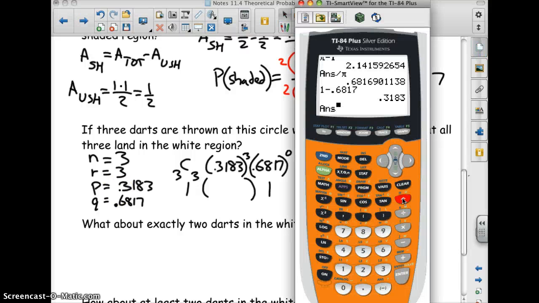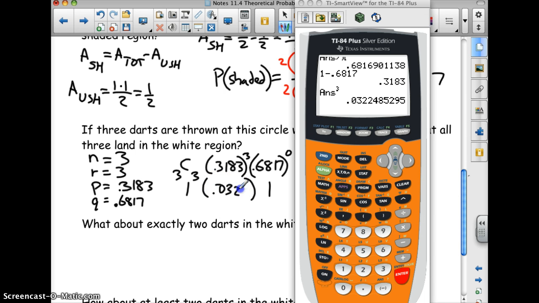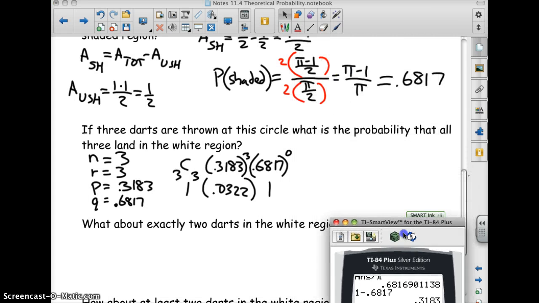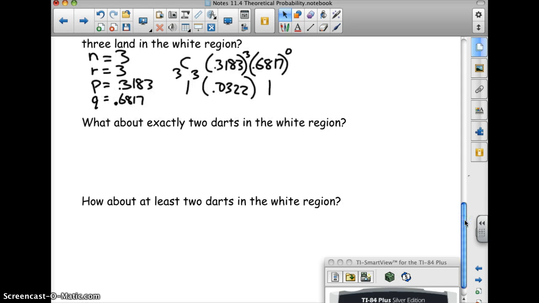So answer raised to the 3rd power gives me 0.0322. The only thing I have to do is make sure I'm answering it if it asks me to round it to a certain place. But it doesn't.